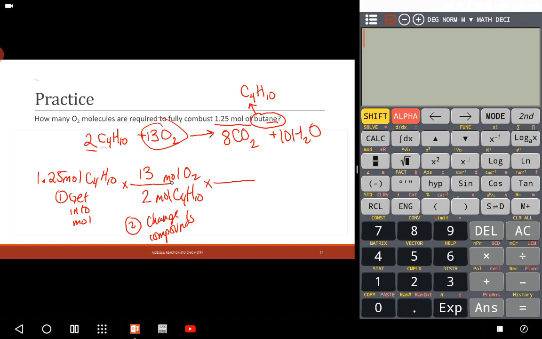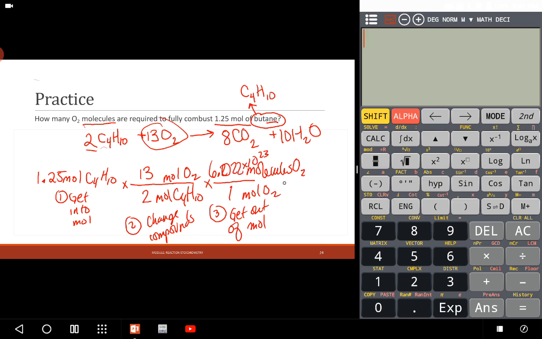And then what am I trying to get out of moles? So I know I'm going to get out of moles into molecules. So that's a count of molecules, and in every 1 mole of that substance there are 6.022 times 10 to the 23rd molecules.